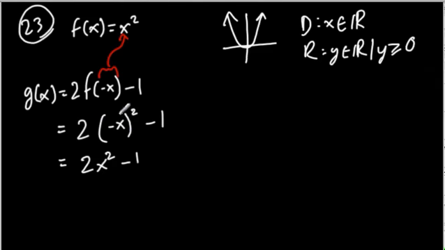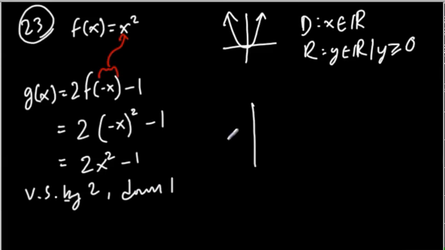Originally it would have been a reflection across the y-axis, but if you square it, we can see that there's no real reflection. So all we can say is a vertical stretch by 2 and down 1. So basically it's going to go down 1, so -1.